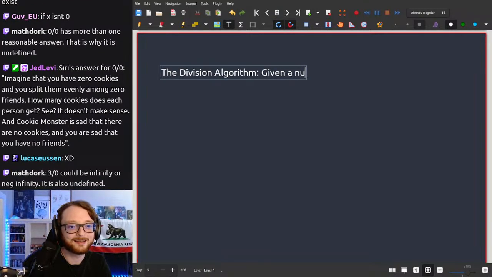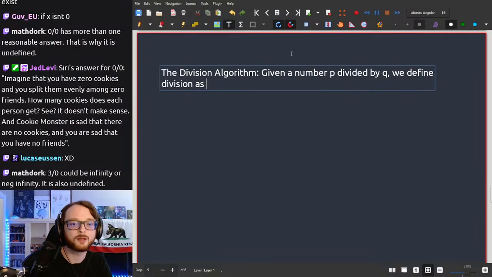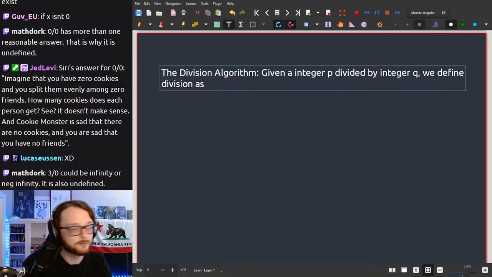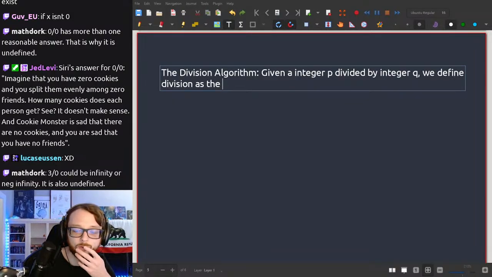Given a number p divided by q, we define division, sorry, I guess integer p divided by integer q, as the... I should just bring up the abstract algebra book and not try to remember what this is offhand.